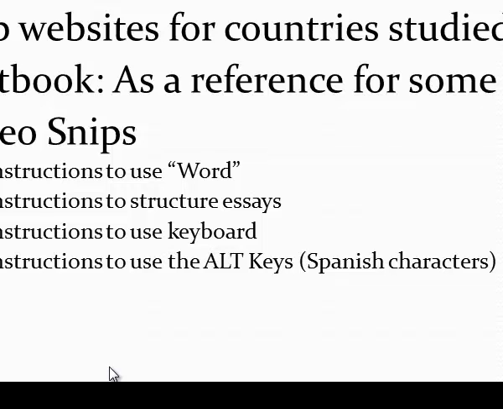I use the Tecnológico de Monterrey website for the MLA handouts, and they have an excellent website. I also use the Purdue website for the MLA. The Tecnológico de Monterrey website has all this information in Spanish, and since I teach this course in Spanish, that's very convenient for my students.